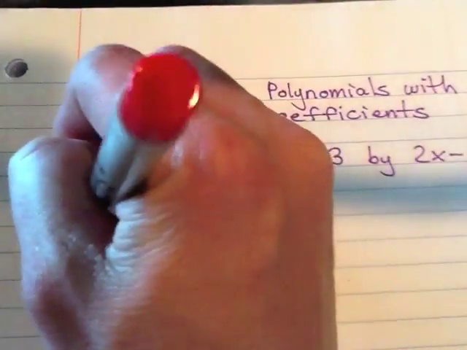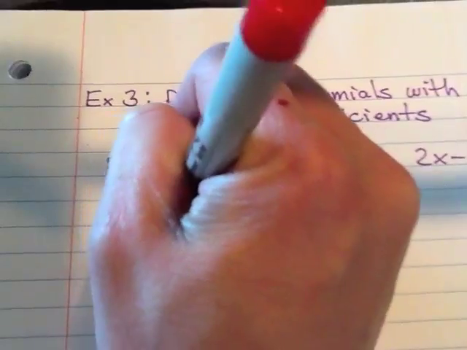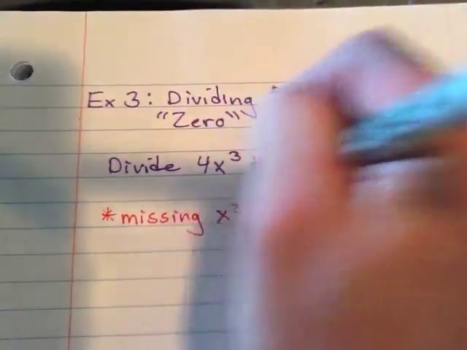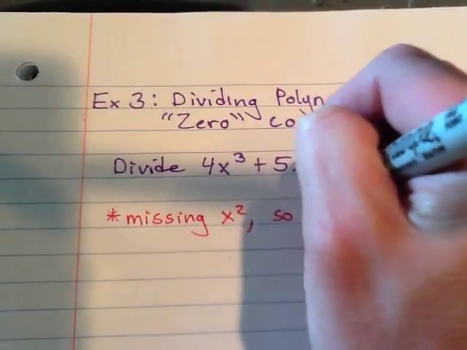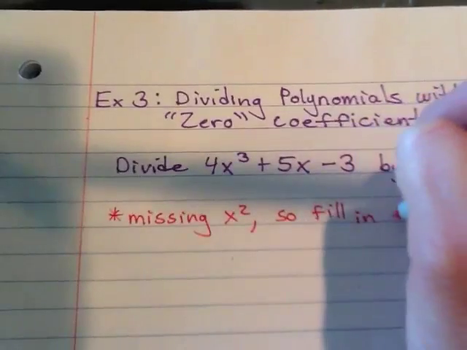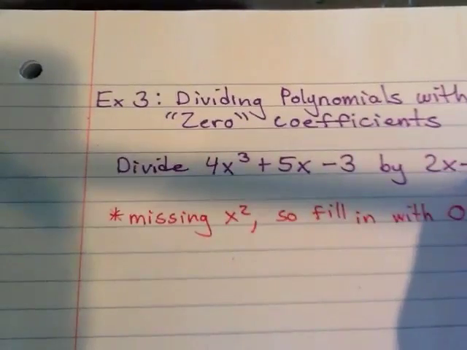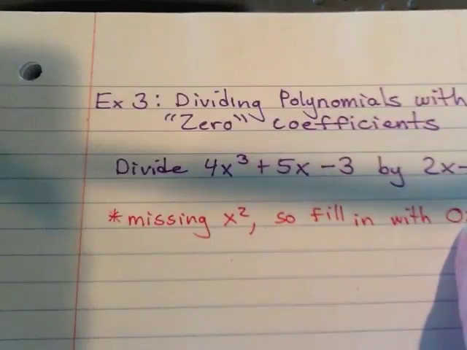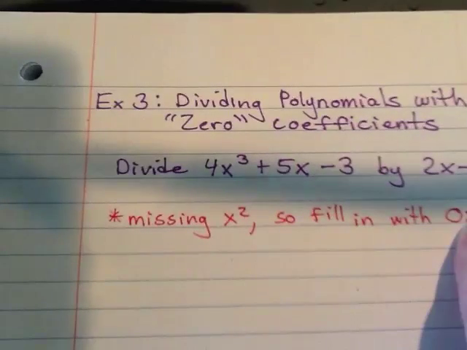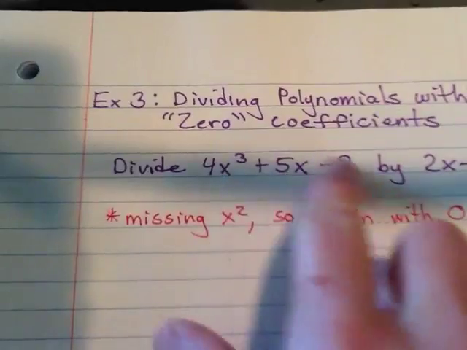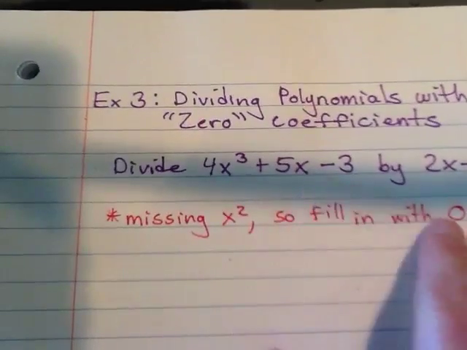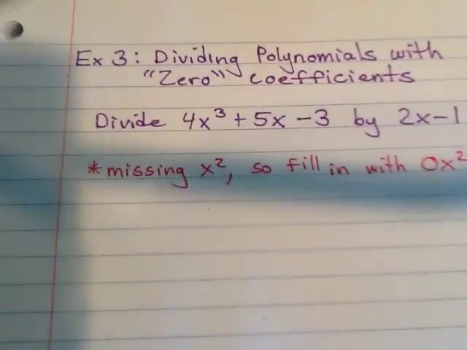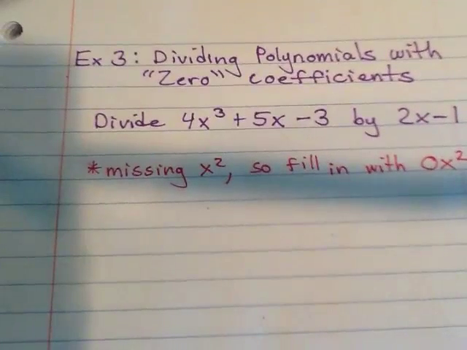So just make a little note to yourself here. I'm missing x squared. So fill in with 0x squared. And the reason we're using a 0 is because 0 times whatever would just be 0 anyway. So we haven't changed this expression at all. We're just adding something into it to hold place value, but it really doesn't change that expression.